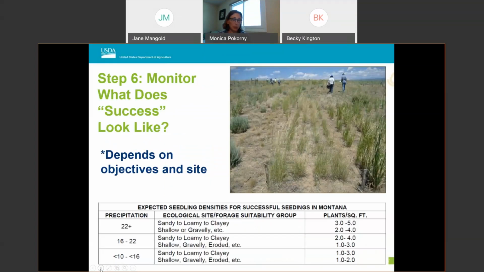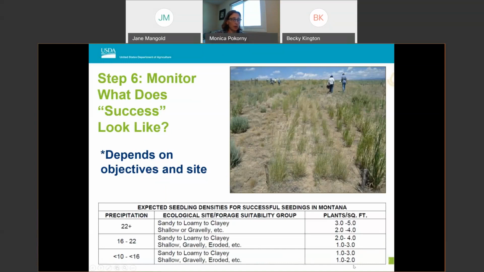So what does success look like then with a revegetation project? It's really, again, going to depend on your site and what your site is capable of. If you get more precipitation, you'll get more seedlings. And also the quality of your soil is really going to depend on how many seeds you get per square foot.